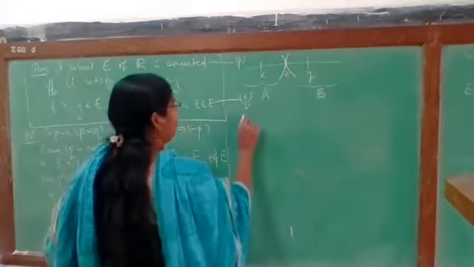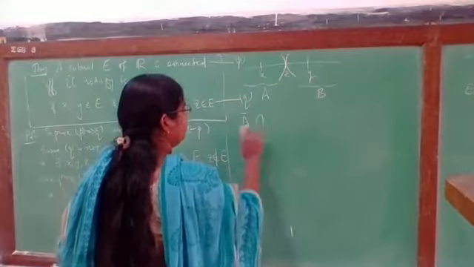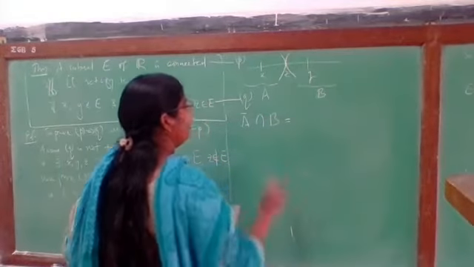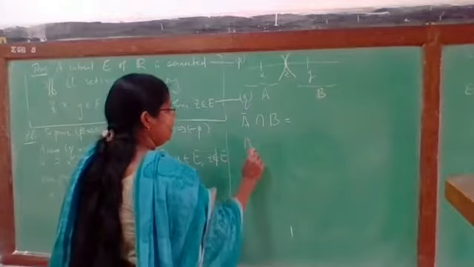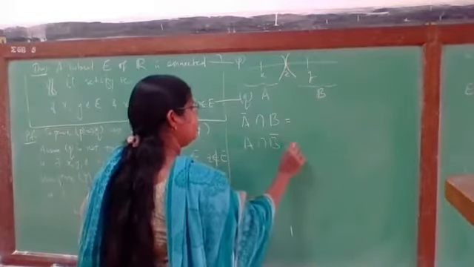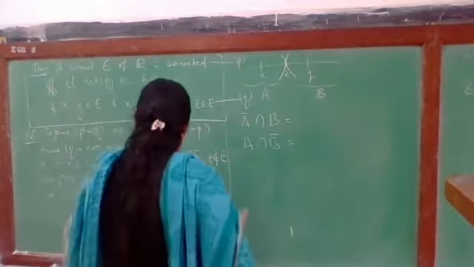Now another point we have to establish is their closures: whether A closure intersection B is empty or not, and whether A intersection B closure is empty or not. Now what about A closure?